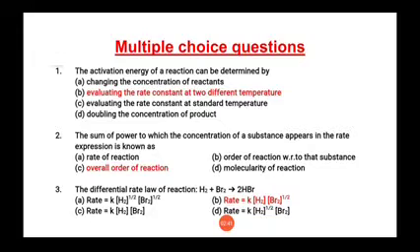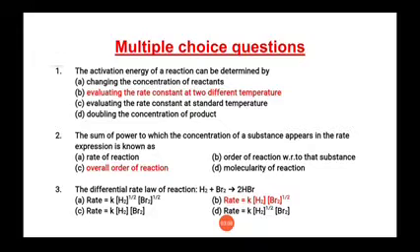So first question: the activation energy of a reaction can be determined by blank. The four options are: A, changing the concentration of reactant; B, evaluating the rate constant at two different temperatures; C, evaluating the rate constant at standard temperature; and D, doubling the concentration of product.